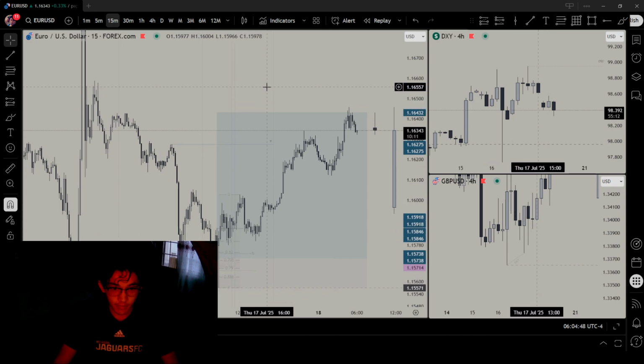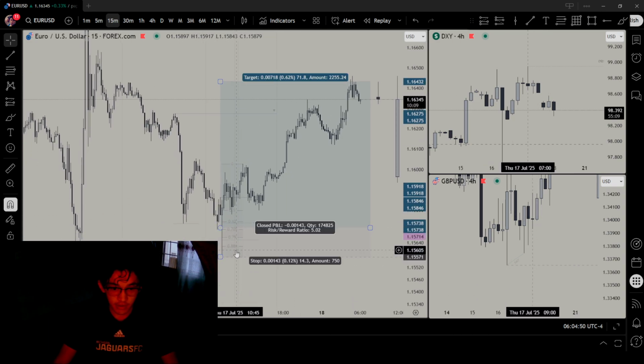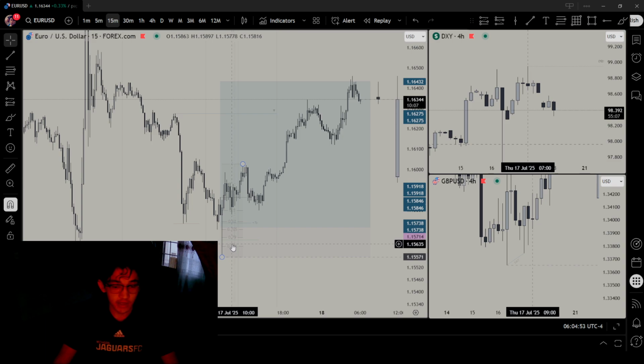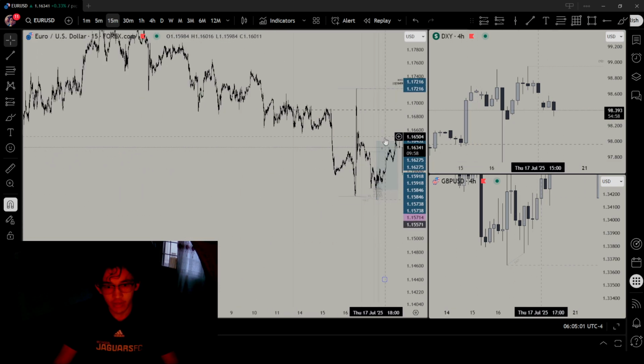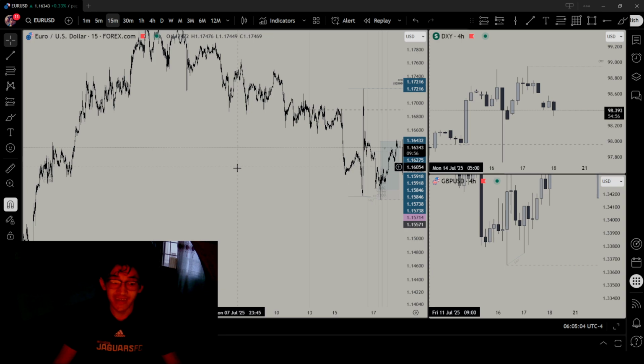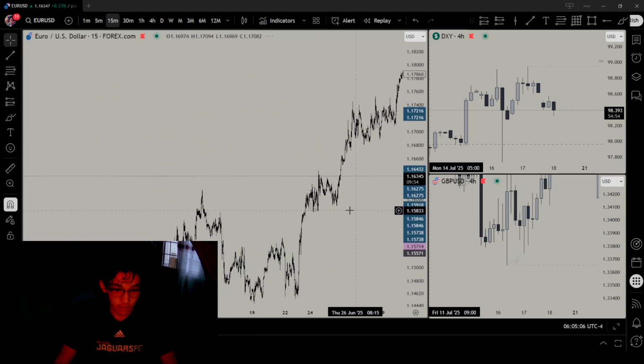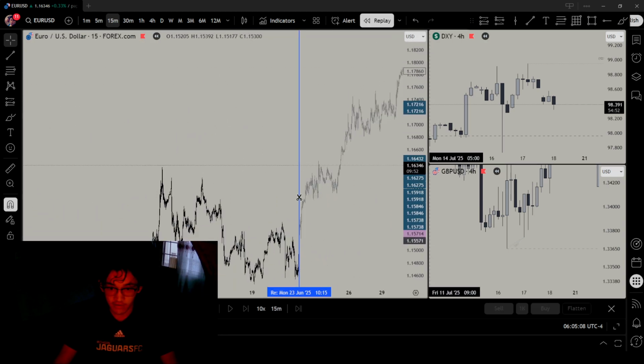But when there is no OTE being created with the rejection block entry, that's fine. But once the OTE is created, we have to be very careful because the market goes very deep. Although today it didn't do that, more often than not it will. We go back in time to gold over here.